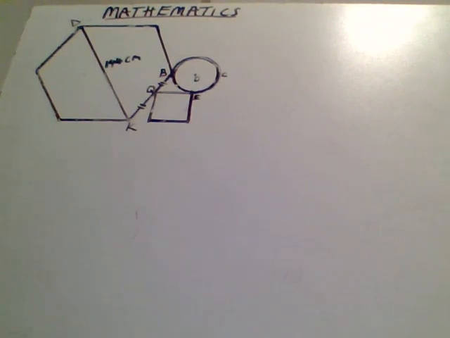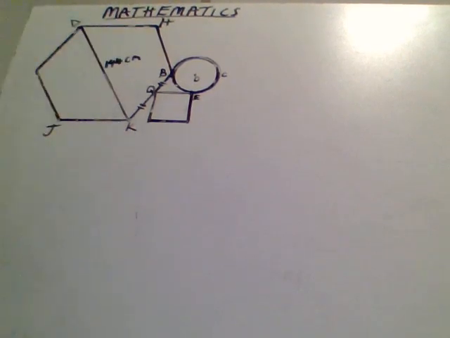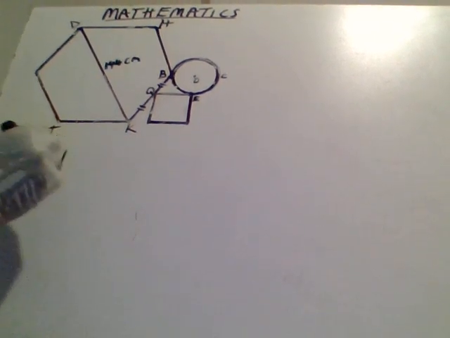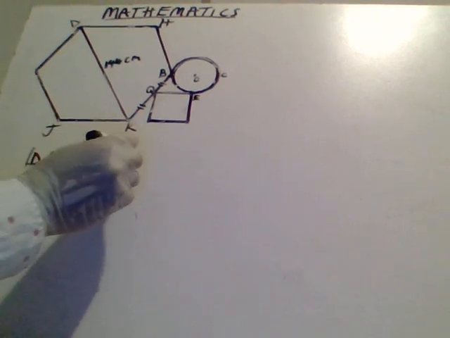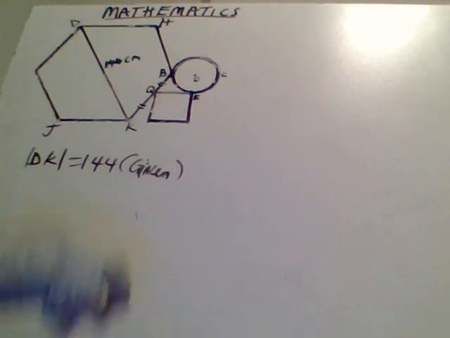Line DK is given to be 144 cm. We have to make some labeling. So let's go here H and let's go here J. We know that DK is given as 144. So I can remove it so we can have space.